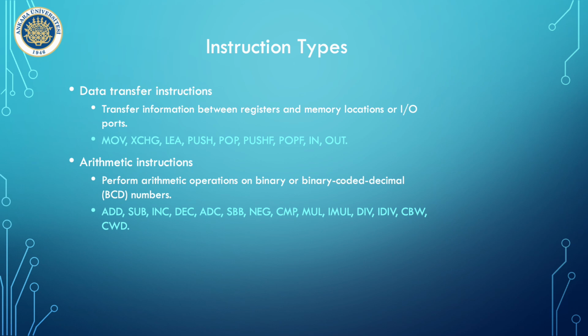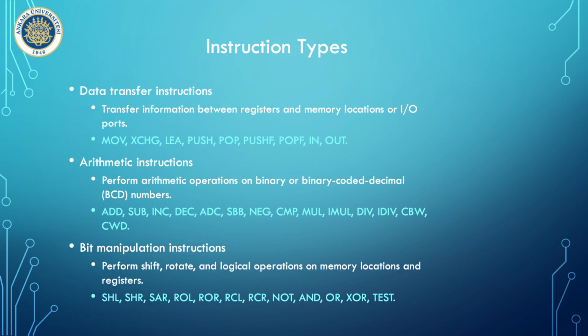They perform arithmetic operations on binary or binary coded decimal numbers, like ADD, SUB, INC, DEC, etc. And bit manipulation instructions perform shift, rotate, and logical operations on memory locations and registers.